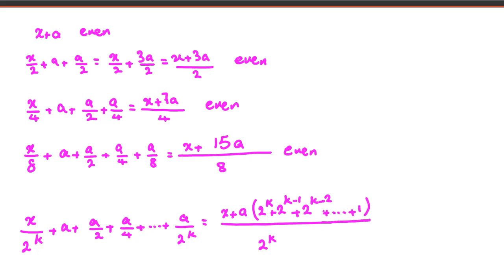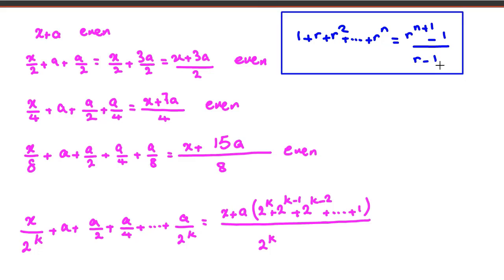And for calculating this, it is a famous identity. You should memorize this formula: 1 plus r plus r squared up to r to the n equals r to the n plus 1 minus 1 over r minus 1. There are around 5 important and basic identities you should memorize. One of them is this.